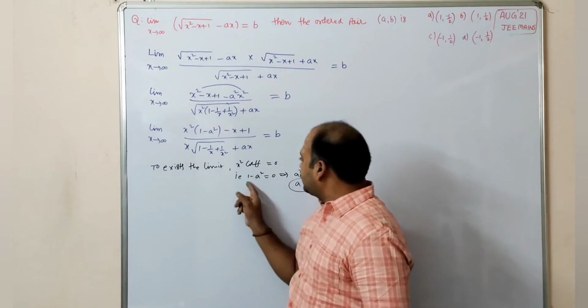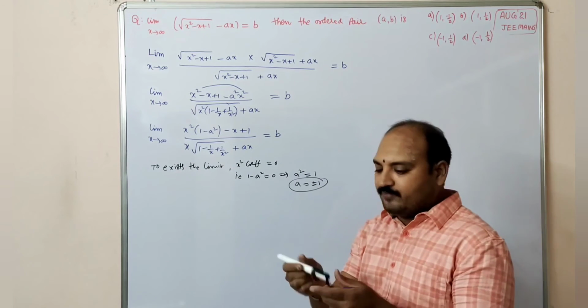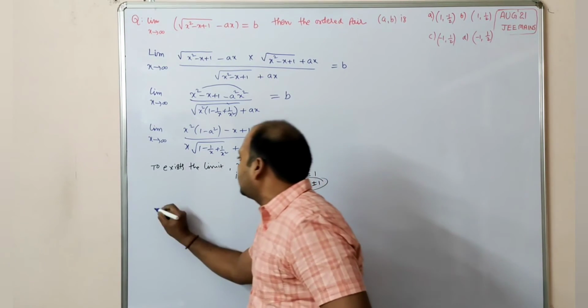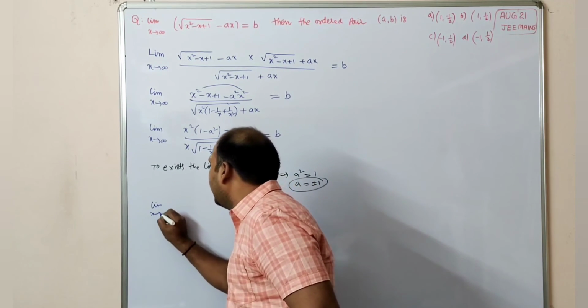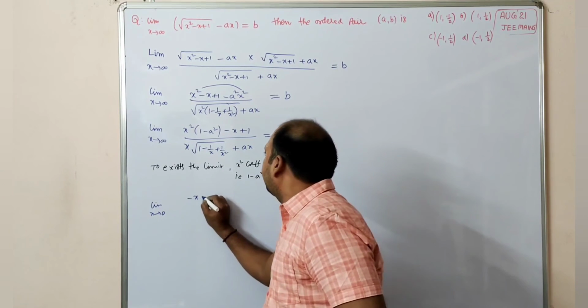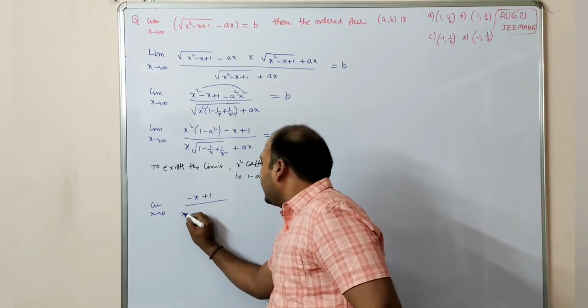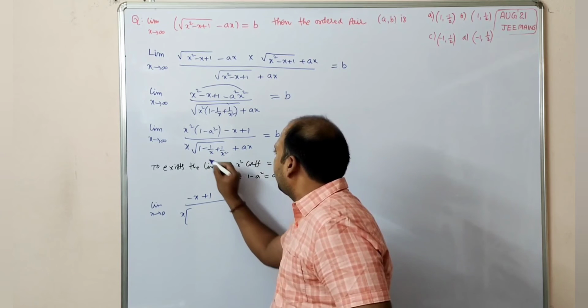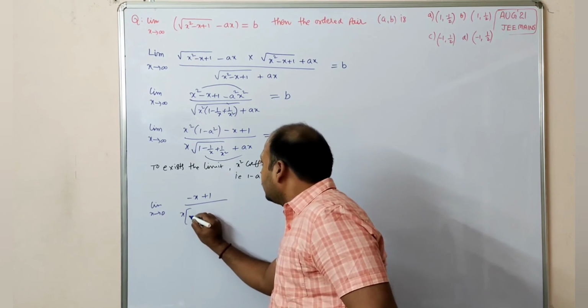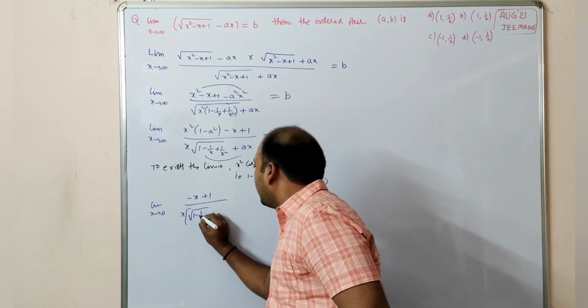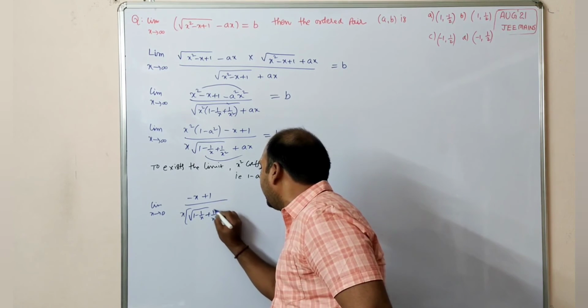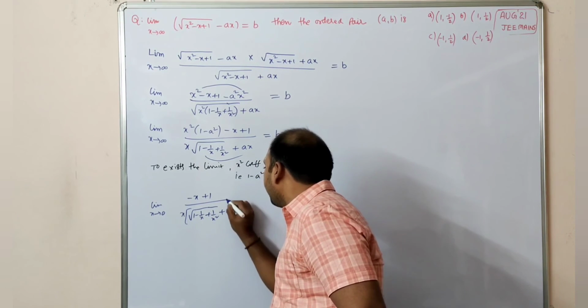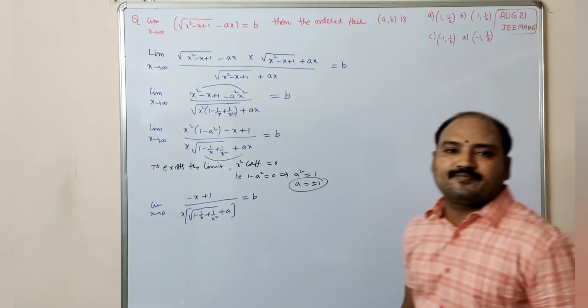After this, with 1 minus a square equal to 0, this limit becomes limit x tends to infinity of minus x plus 1, and we take x common again from these two, remaining 1 minus 1 by x plus 1 by x square, plus a is equal to b.